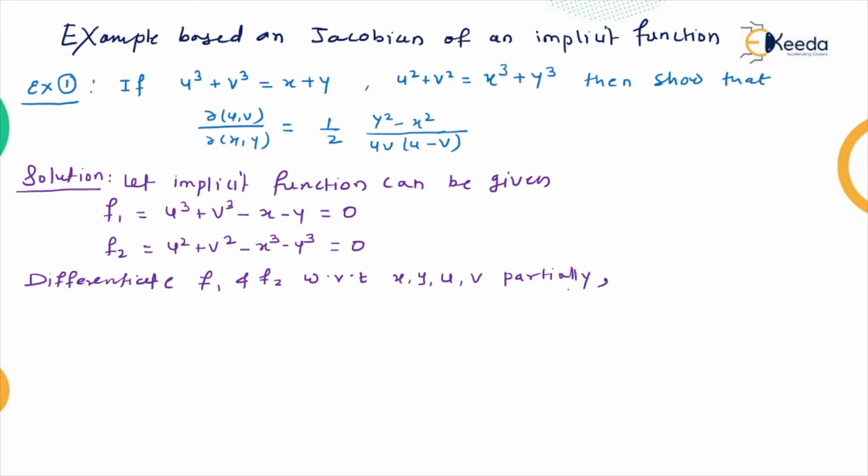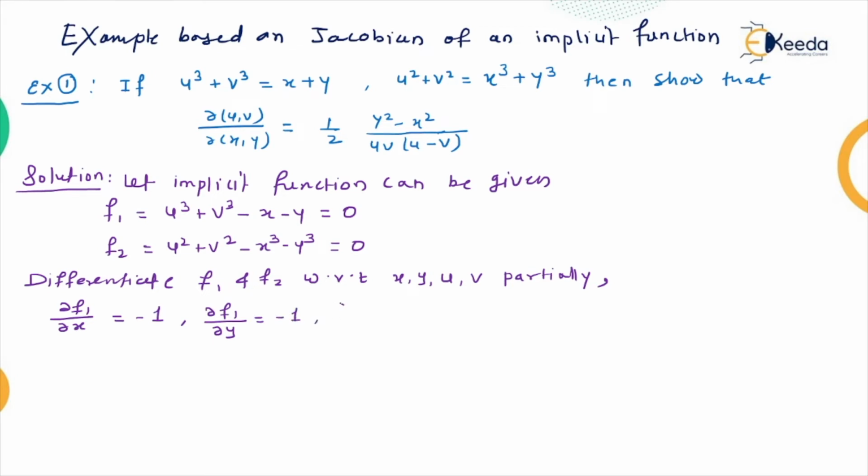So we get, first, ∂f1/∂x. Keeping other variables constant, it will clearly be -1. Next, ∂f1/∂y will again be -1.